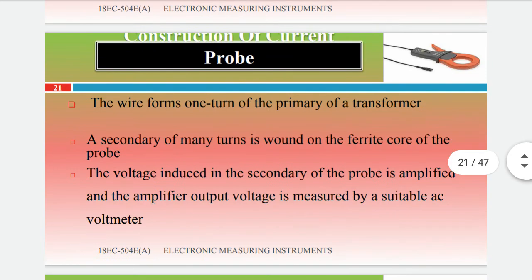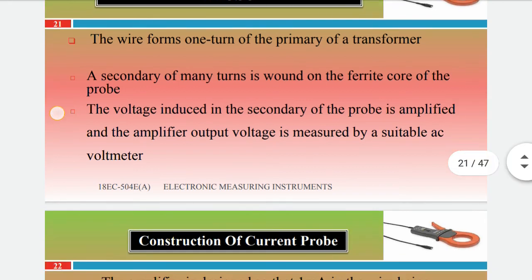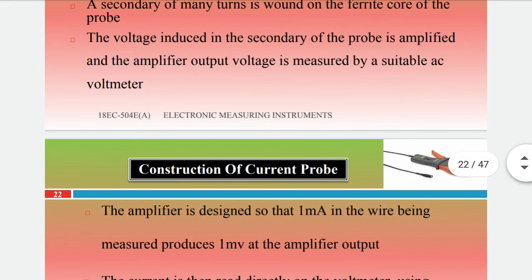According to the transformer property, if a voltage or current is induced in the primary, it is also induced in the secondary by the principle of mutual induction. Hence, the voltage induced in the secondary is connected to the amplifier, and the amplified voltage is given to the AC voltmeter. Finally, the AC voltmeter shows the reading.